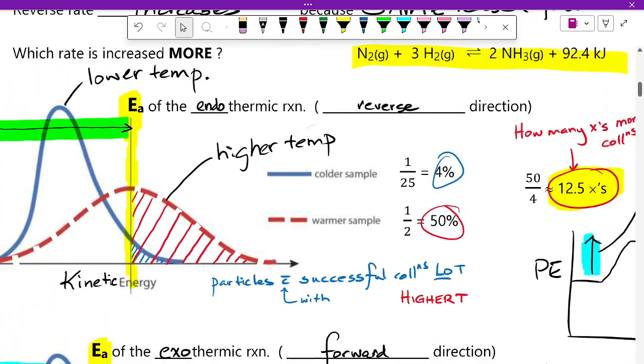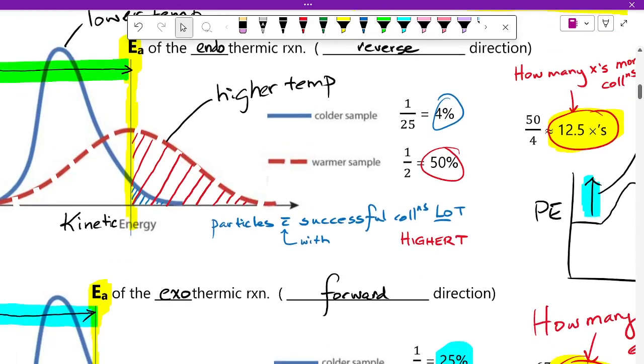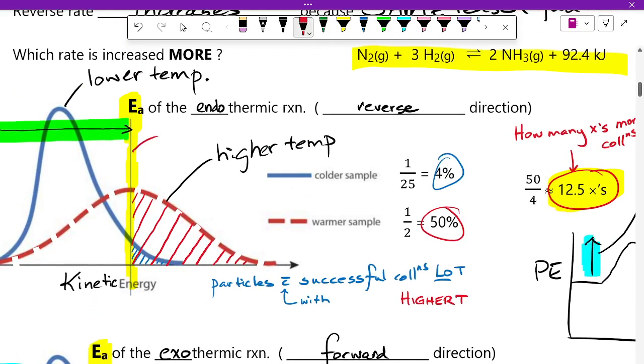Because if you look at the graph, the endothermic reaction always has a larger activation energy.